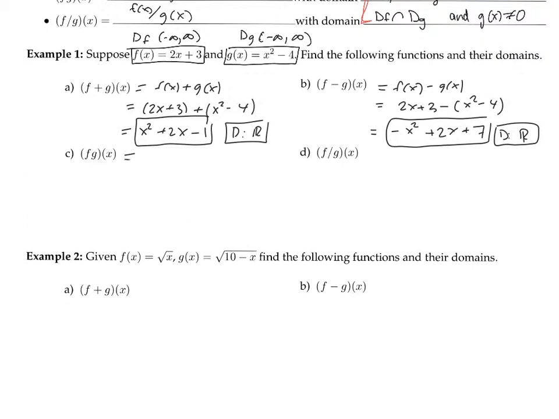fg of x, this means f of x times g of x. So 2x plus 3 times x squared minus 4. Okay, so first distribute the 2x, and we'll have 2x to the third minus 8x, right?